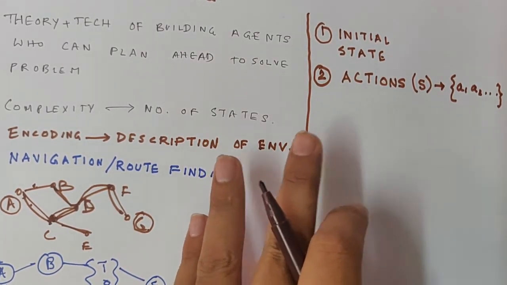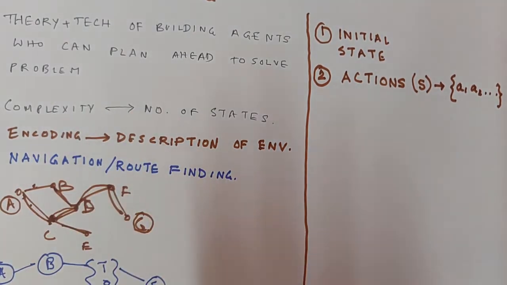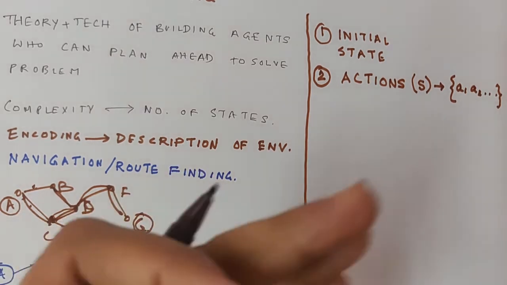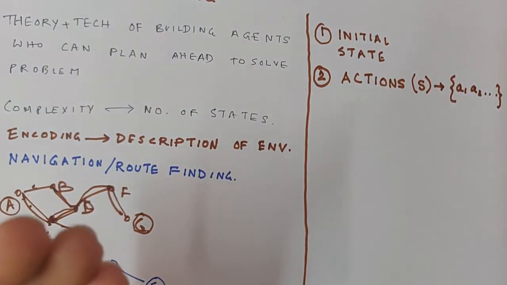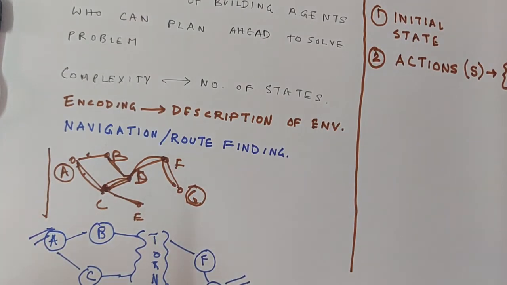Mind it. In some problems, the agent will have the same actions available in all states. We will come across some problems like that. While in some other problems, in different states, different sets of allowable actions will be there. Come to this route finding problem, for example.